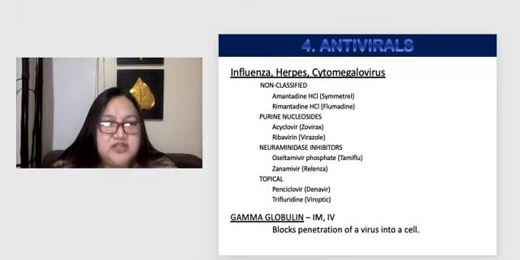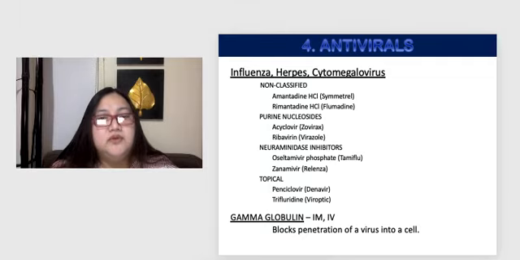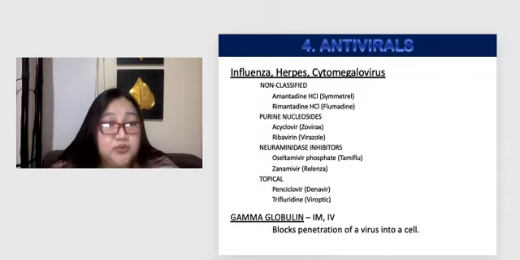Minsan, humahatching-hatching ka pa lang o may nararamdaman ka na sasama ang pakiramdaman mo at aabot sa flu. Okay? Taking it within 48 hours will really hasten the speed of recovery. Ilang araw lang, wala na. In short, hindi tutuloy yung sakit mo.